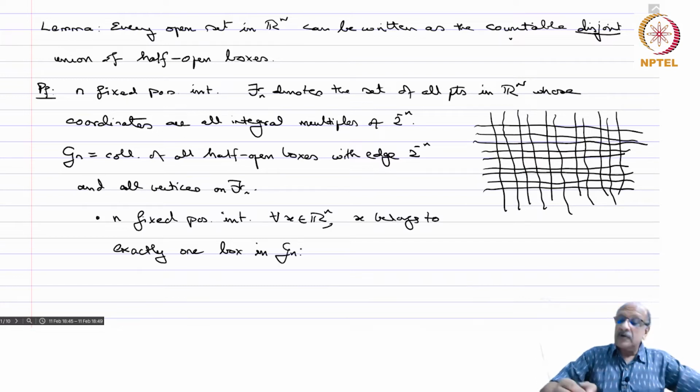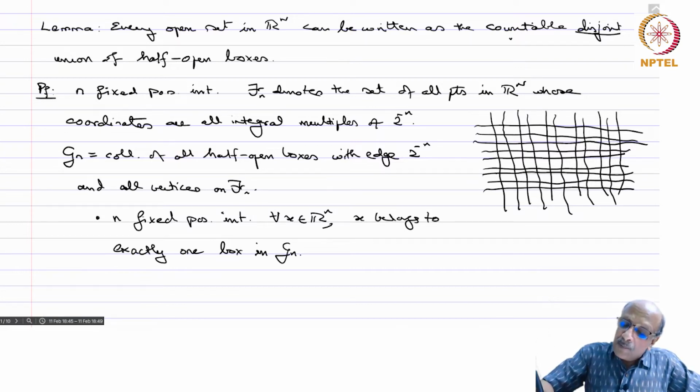That is clear, because R^n is the union of all these half open boxes, and the boxes are disjoint. When you say half open box, I mean something with these two closed, the other two open, and so on.